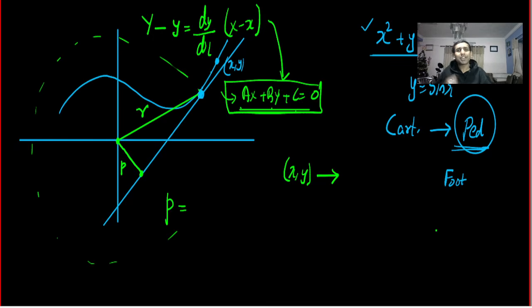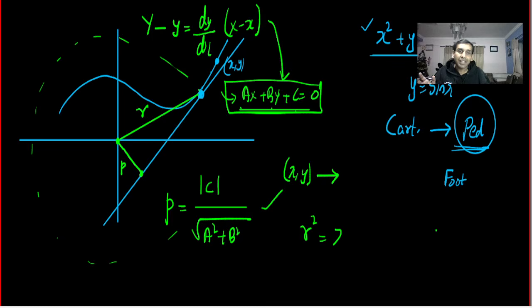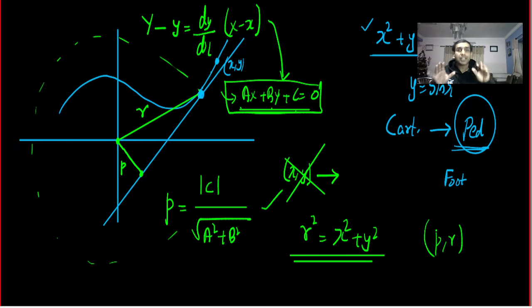Do you remember the formula for p? P is the distance from origin to the line. It is given by mod c by root under a squared plus b squared. If you want the proof, you can look at your high school books. And r is given by x squared plus y squared under root, but I squared it. The last thing to do is delete x and y, connect p and r. That will be the pedal equation.